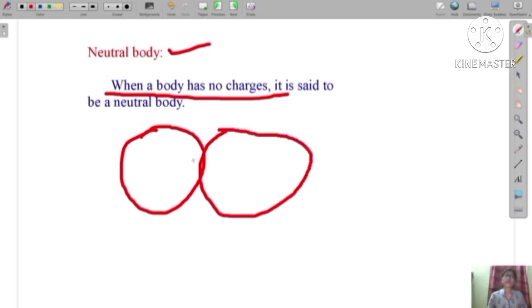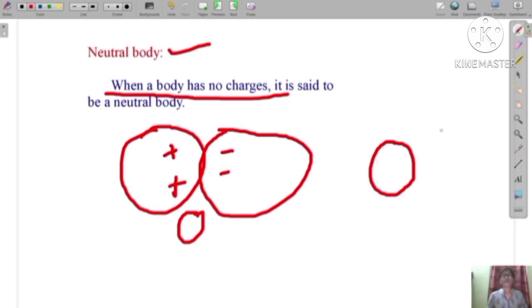After a certain time it will not show any effect. What is the reason? Here, 2 positive charges and here 2 negative charges. Then what happens to the total effect? 0. Plus 2 minus 2 will be equal to 0 charge.